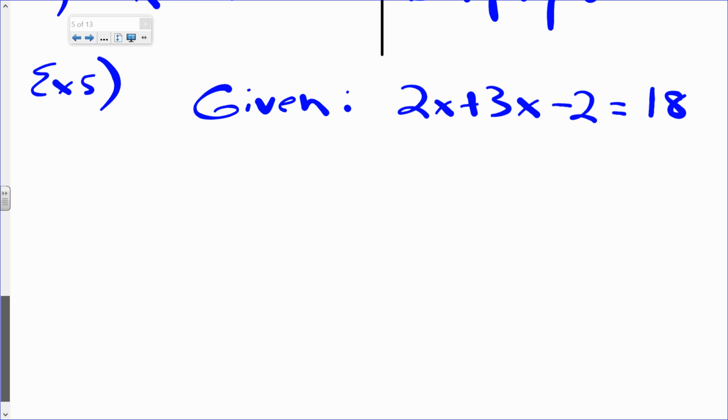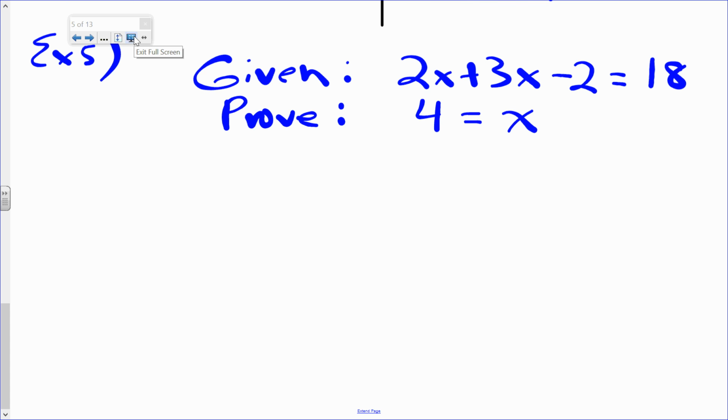So far, so good. Prove, watch this. Prove that 4 is equal to x. Why is 4 mentioned first? That's kind of funky. Okay, let's keep going.